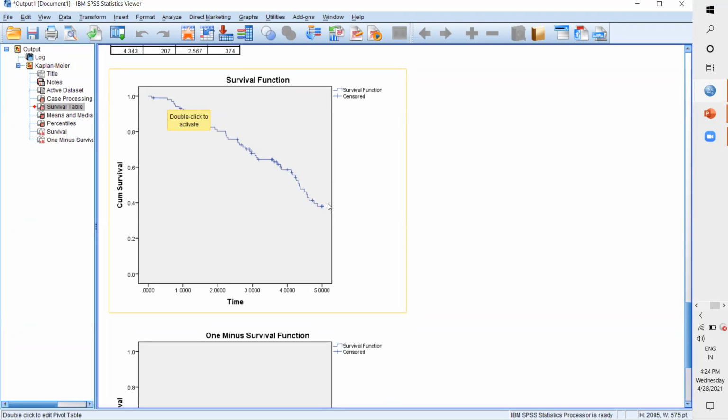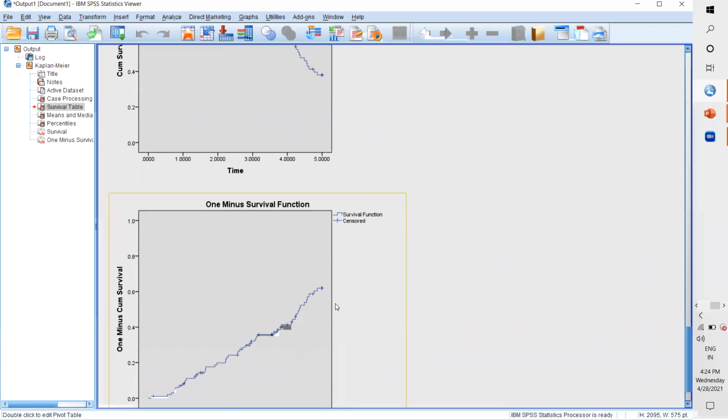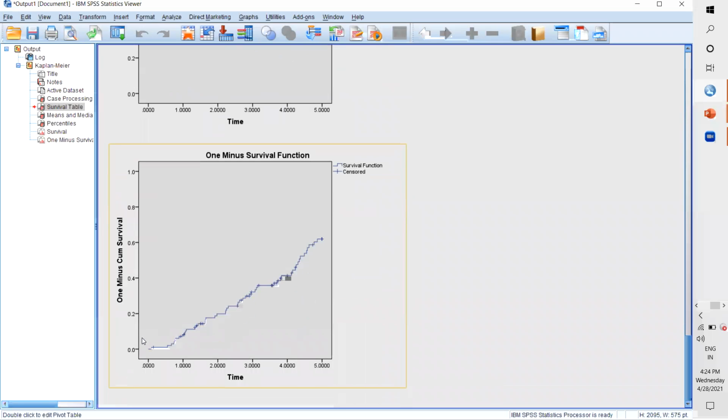Since the survival is 38%, you may not be able to see a huge difference here, but if everybody experienced that event by the end of 5 years, or very few people had been in the follow-up for 4 to 5 years, you might have seen very large jumps in the survival function.